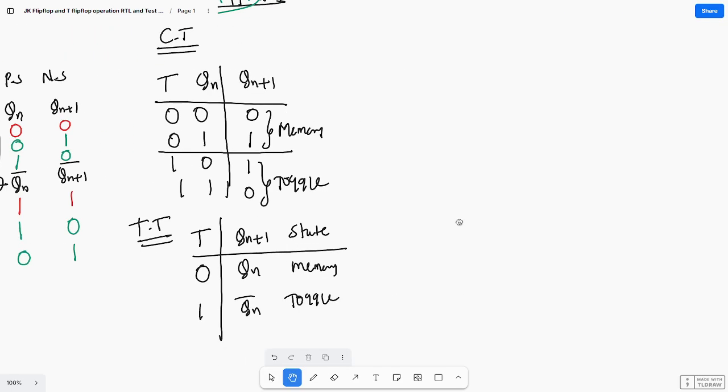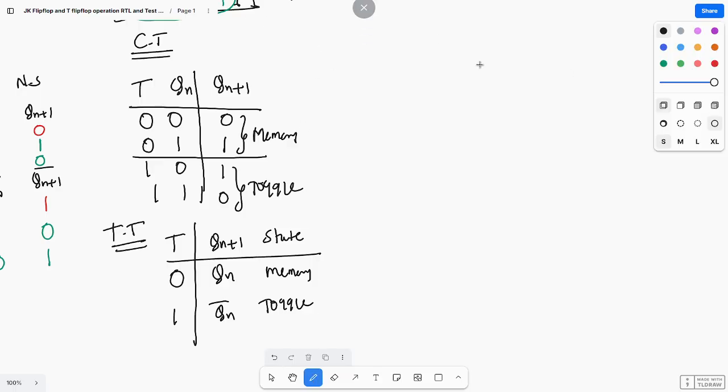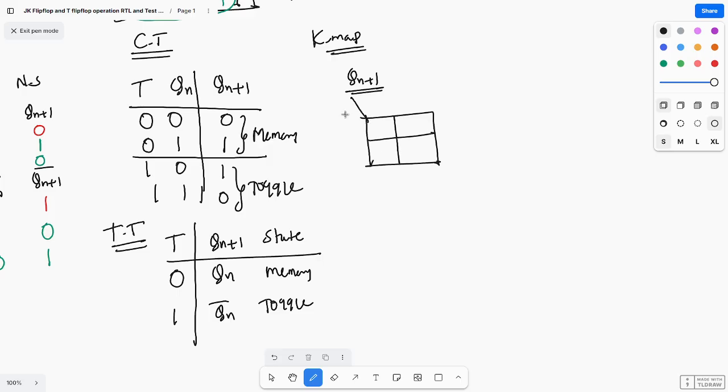By seeing this characteristic table, first the characteristic equation. What is the characteristic equation? Just draw the K map for Qn plus 1. It is a two variable K map, with inputs T and Qn. The minterms are summation of m of 1, 2.